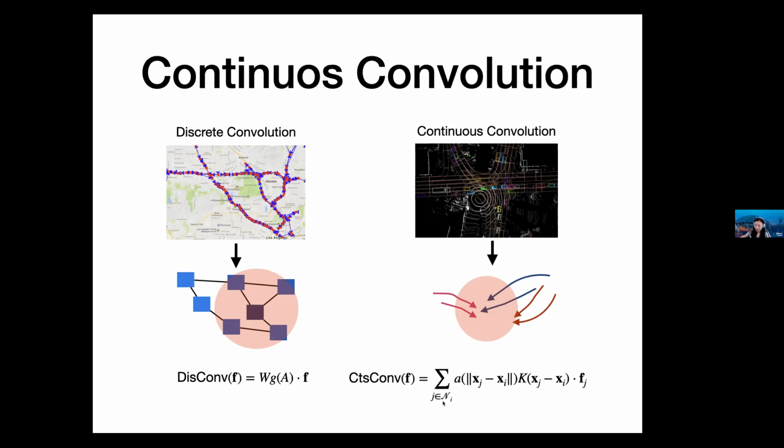So we're looking at all the neighbors j. For all the j's in the neighborhood of i, we aggregate all the features according to where they are. So we're looking at all the j's within the circle, and then multiply by the features of that node. And this is continuous convolution.